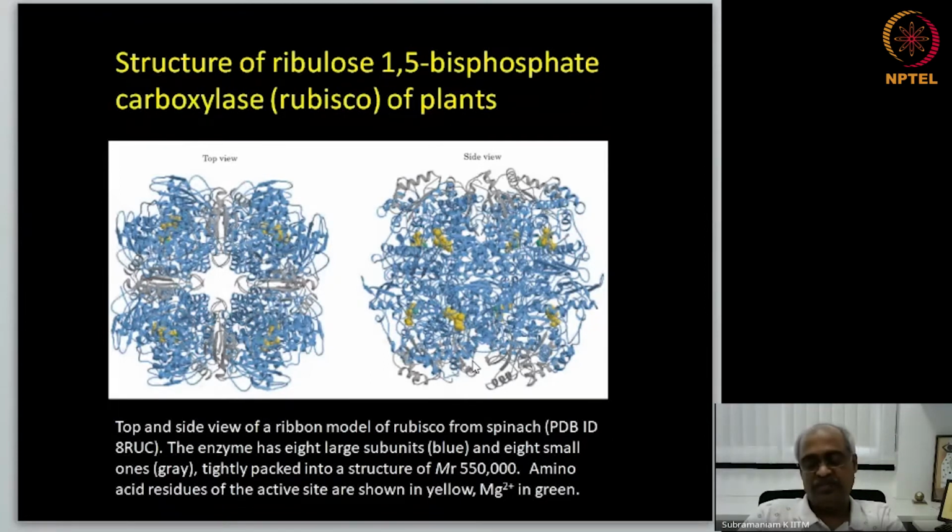We saw niacin, flavin, thiamine, pantothenic acid, biotin. All that we saw along the way as part of enzyme catalysis. And equally importantly, metal ions play a role. We have seen the heme moiety in cytochromes, and there you have iron.